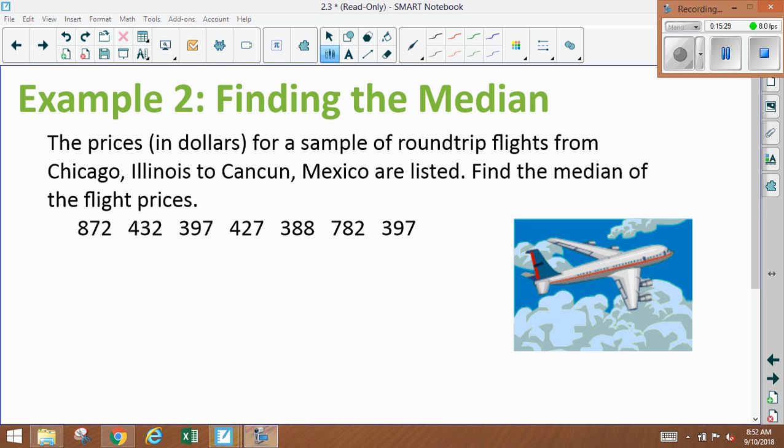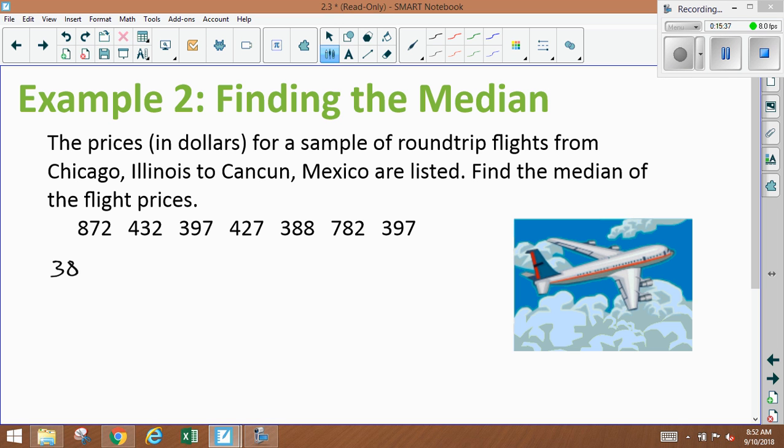So here's our next example, finding the median. We'll order these from least to greatest, smallest to biggest. Looks like the smallest one is 388. As I write these down, I'm going to cross them out so that I don't get confused. So we've got a 397.